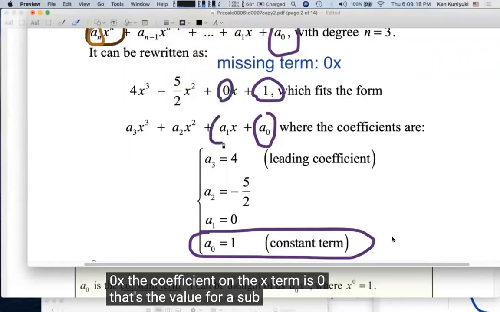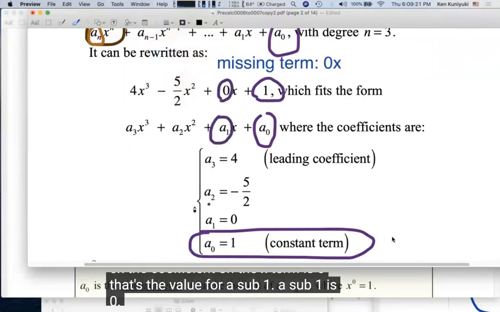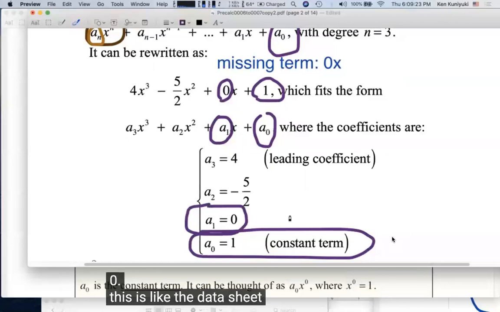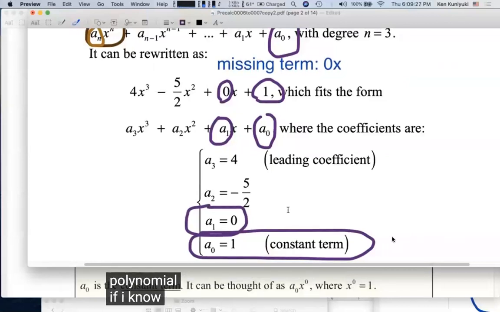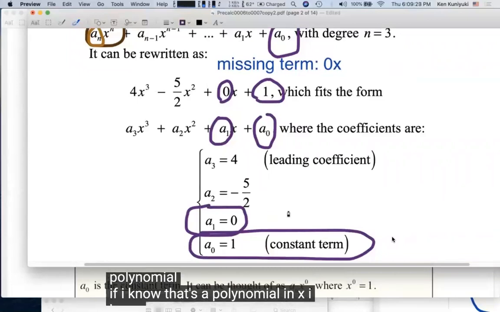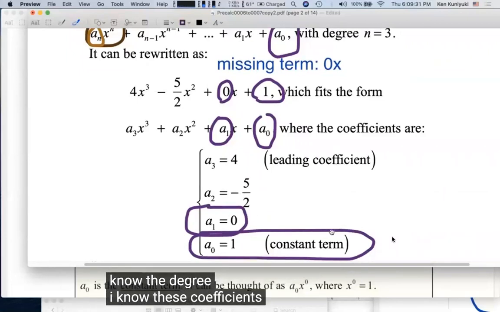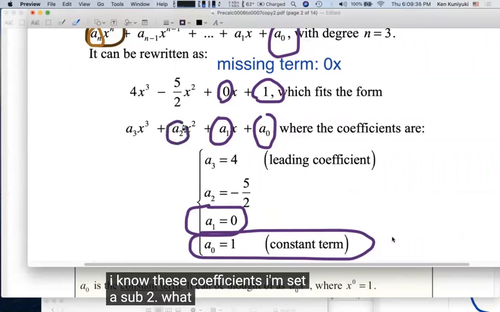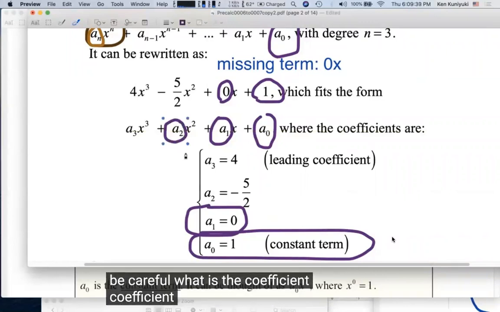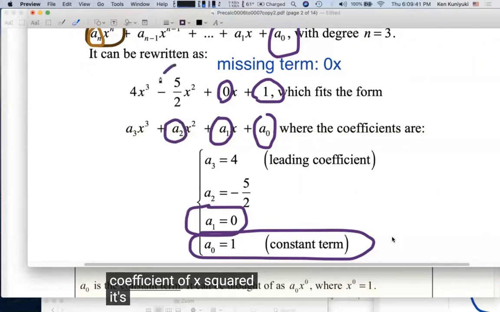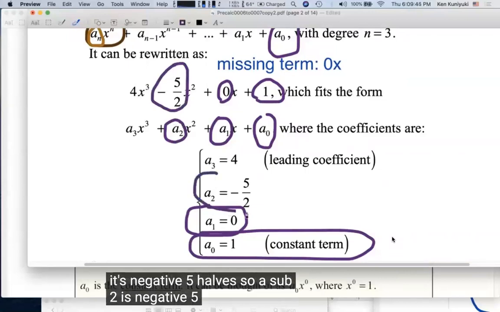That's the value for a sub 1. A sub 1 is 0. This is like the data sheet for this polynomial. If I know that's a polynomial in x, I know the degree, I know these coefficients, I'm set. A sub 2, what is the coefficient on x squared? Be careful. What is the coefficient on x squared? It's negative 5/2. So a sub 2 is negative 5/2.